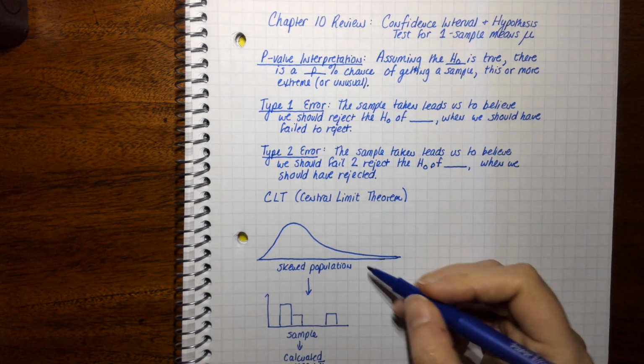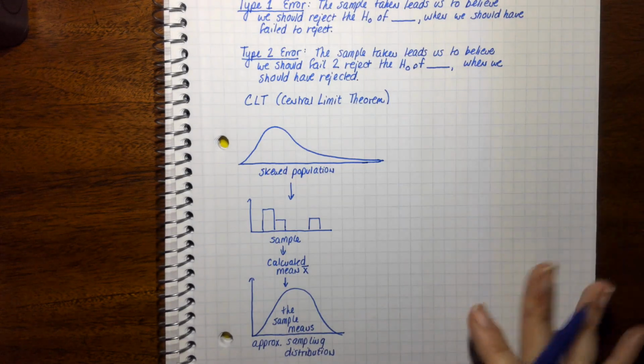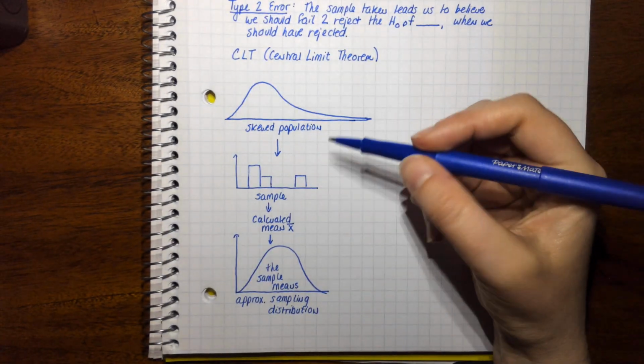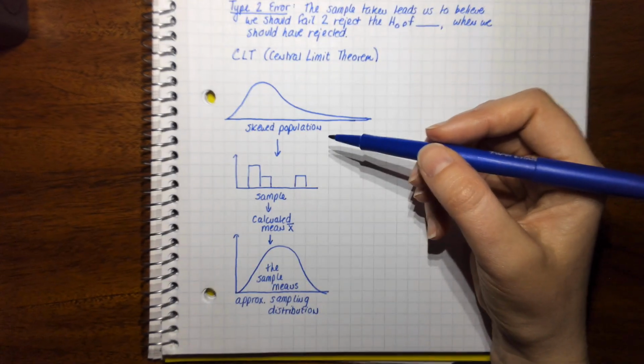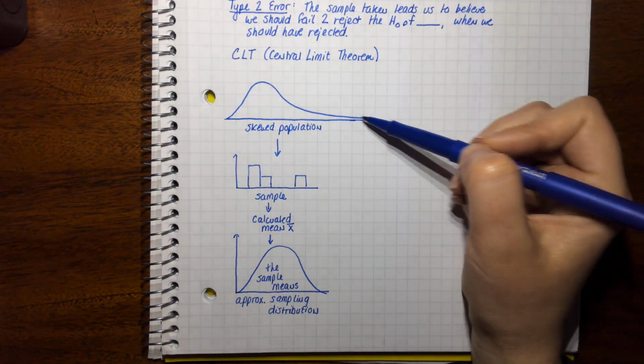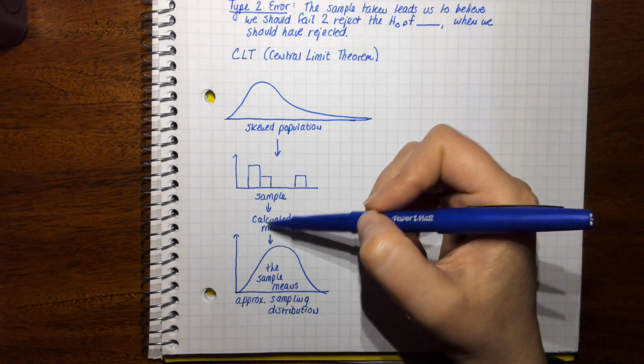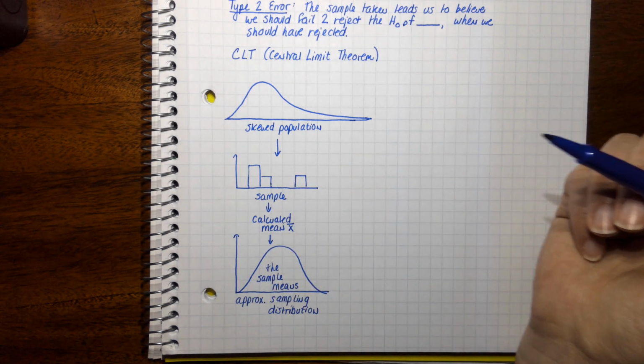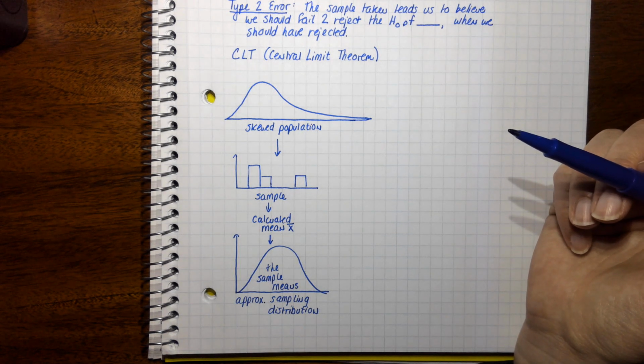The cool thing about this is you've got this crazy skewed population, but because you're working with averages, your sampling distribution is going to come out pretty nice, bell-shaped.